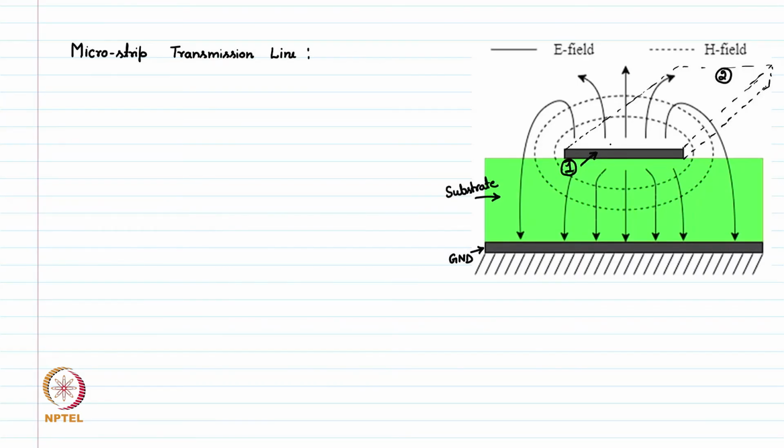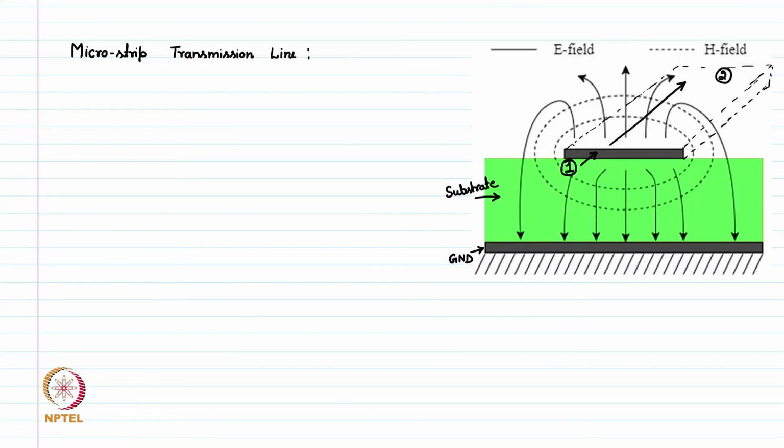When the wave is traveling from point 1 to point 2, it generates the magnetic field, which is shown here by these dotted lines. This magnetic field is surrounding this microstrip across this entire length, and the electric field will be generated.